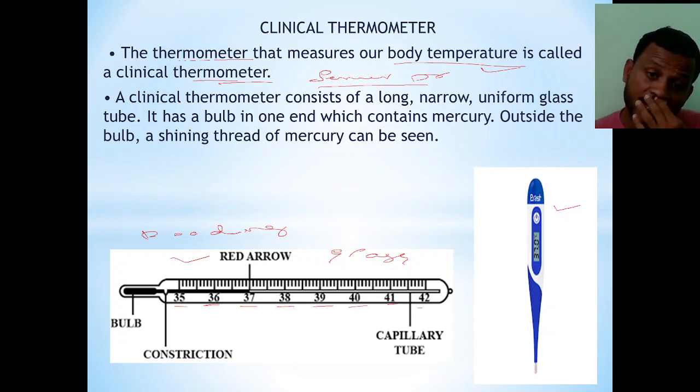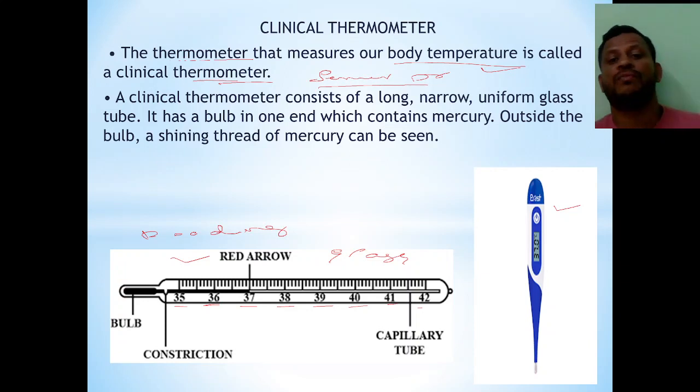A clinical thermometer consists of a long, narrow, uniform glass tube. This is the glass, long. This is the narrow region. It has a bulb at one end which contains mercury.